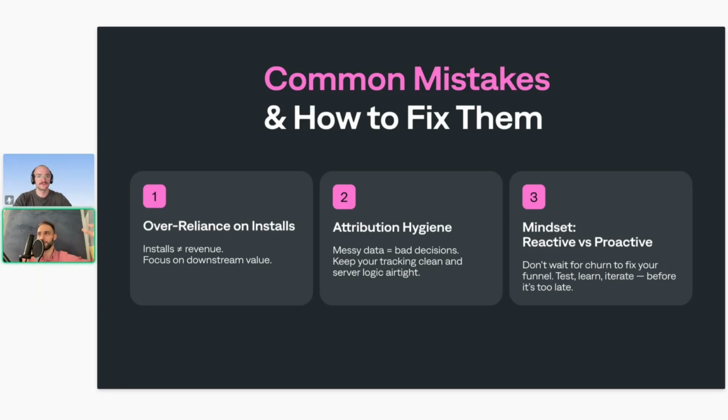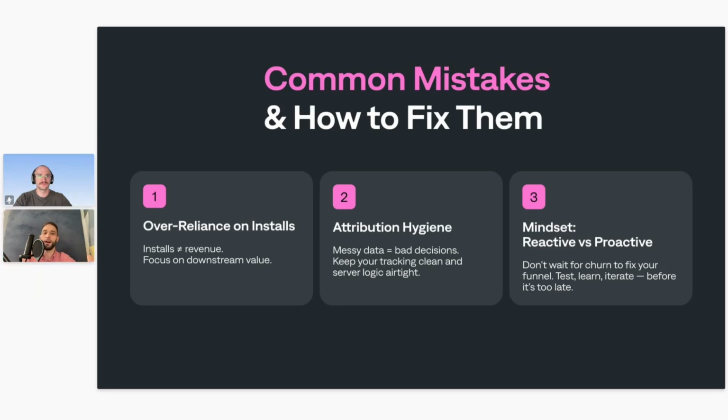By the time you notice the issue, you've already wasted a bunch of your budget. So to fix this, you can build A/B testing and incorporate it into your routine. Try different onboarding flows, paywall messaging, even trial durations.